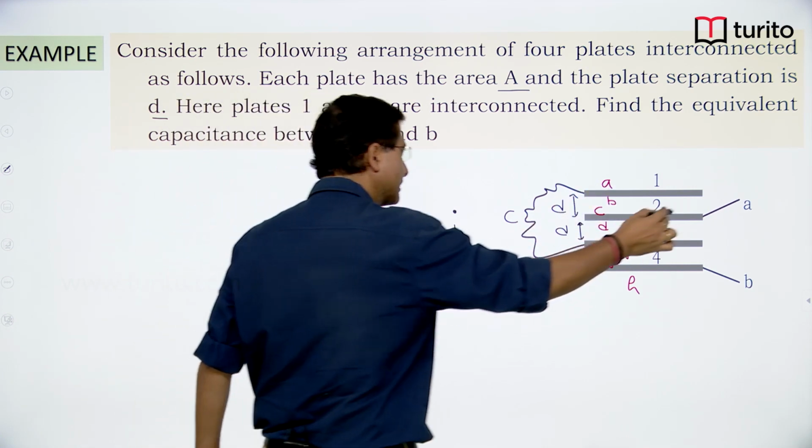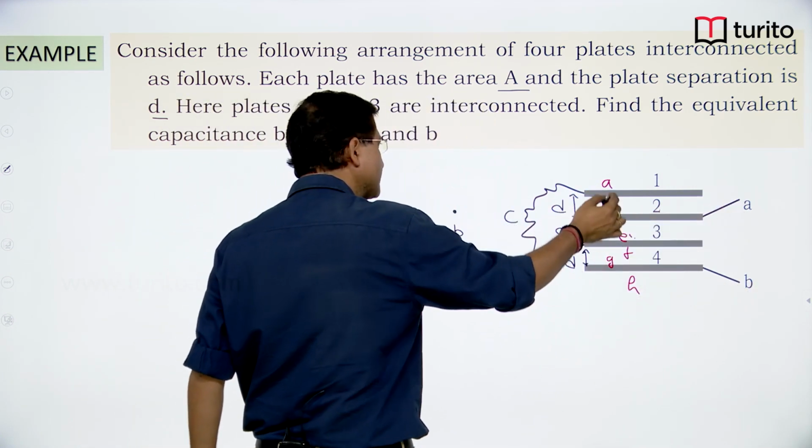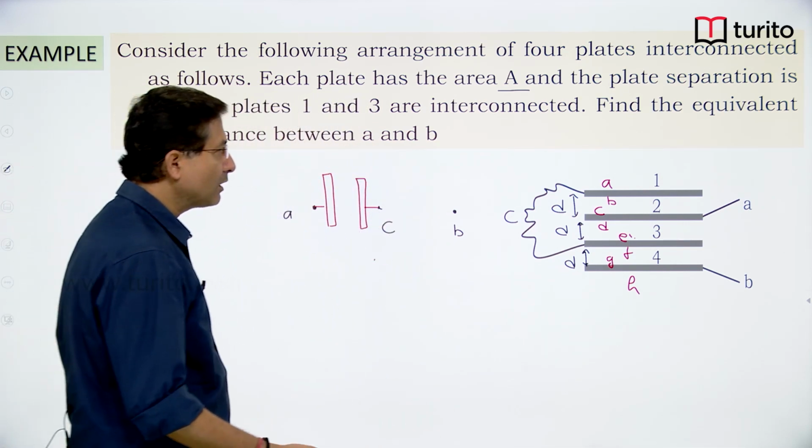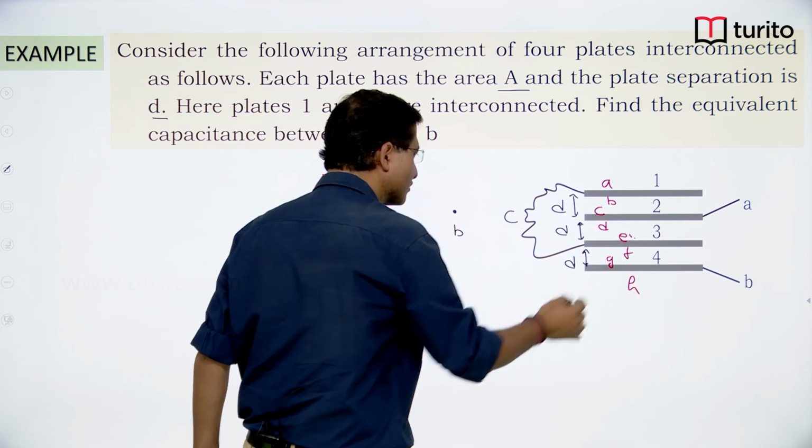Do not get confused: here the terminal name is also ABC and the face name is also abcd. If you have any doubt, you can assume XYZ also, right.